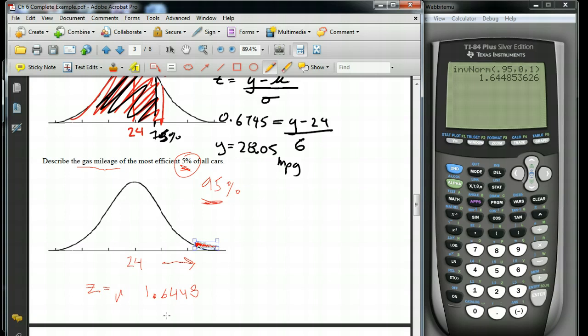Perfect. Okay, so now I just do my calculation. I need to get my value for the 95th percentile here. I need to get the gas mileage, and again, remember, gas mileage is your Y variable. So Z equals Y minus mu over standard deviation.